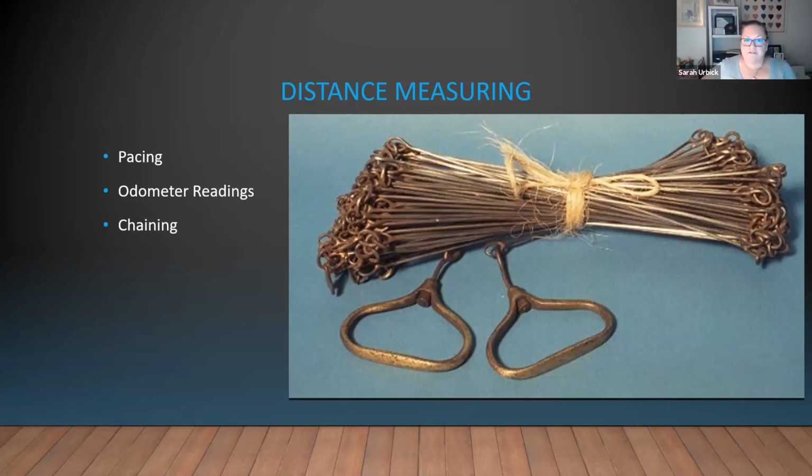Gunter's chains from the late 1500s are a fixed length. It's 100 wire links, each 7.92 inches long, not 8, not 7.5, 7.92. That's because it ends up being equivalent to 66 feet.